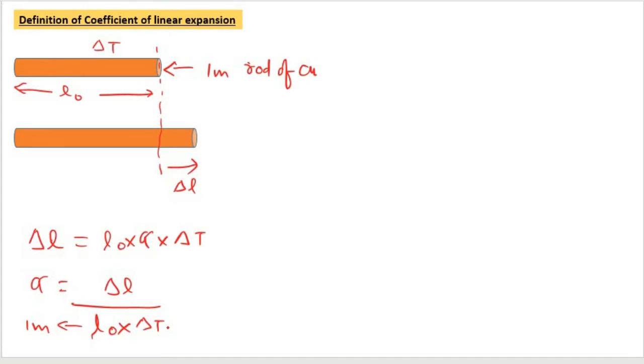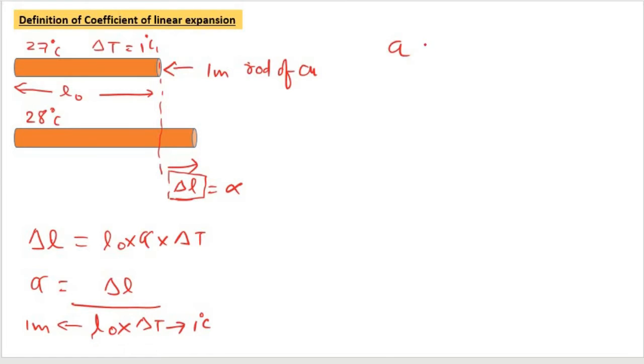Then I heated such that rise in temperature was 1 degree Celsius. Initial temperature was 27 degrees, and I heated such that the final temperature became 28 degrees Celsius. So this delta L, the increase in the length itself, is called alpha.